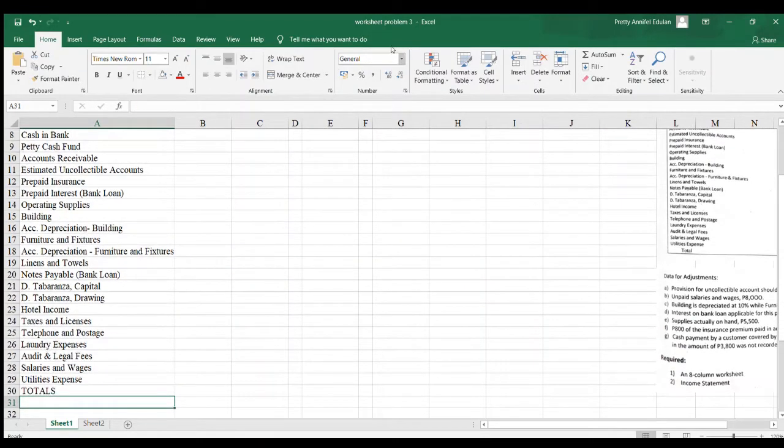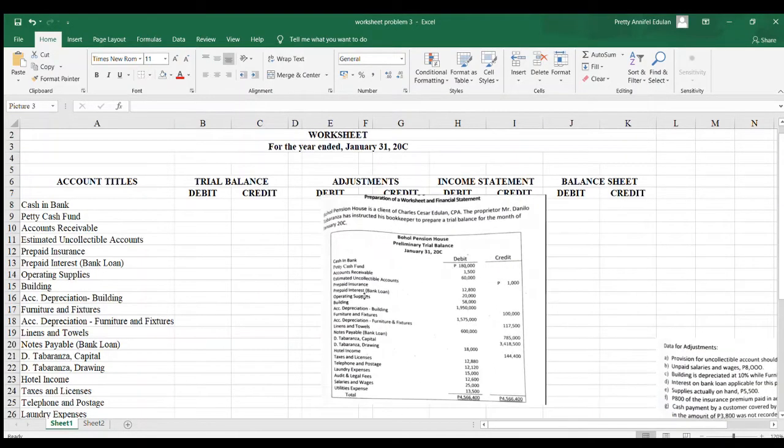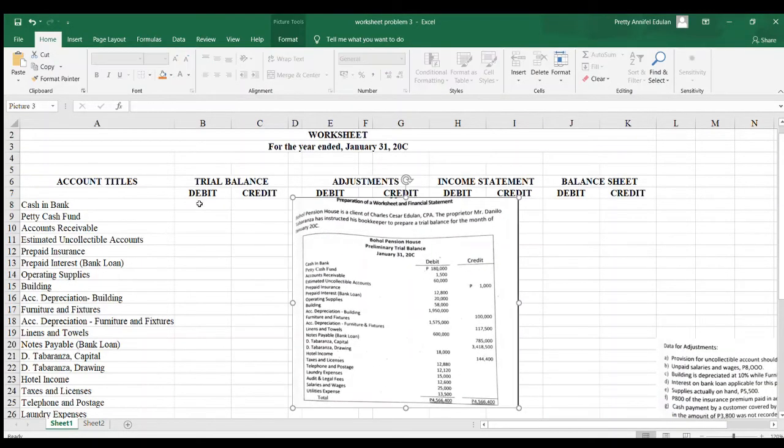And simply copy the amount. Let's move this, make it easier.